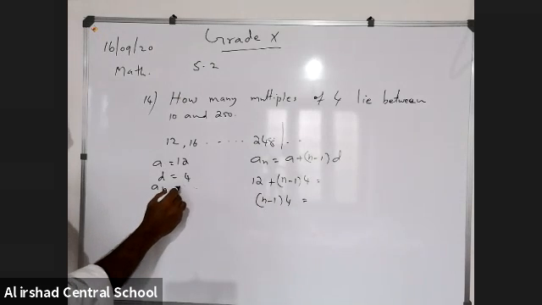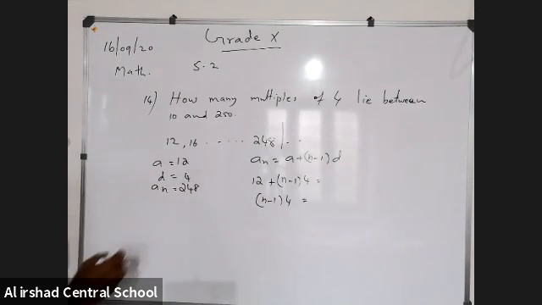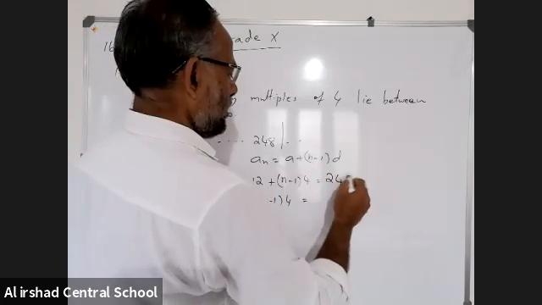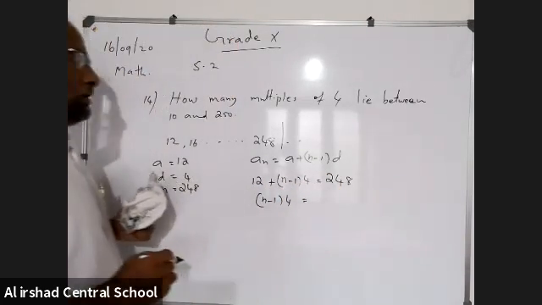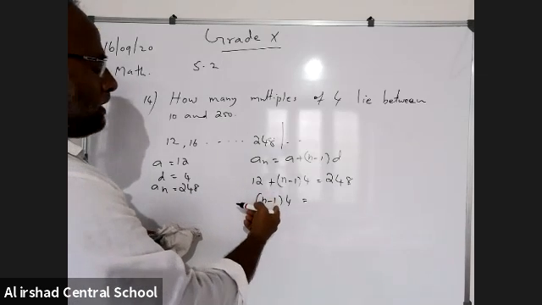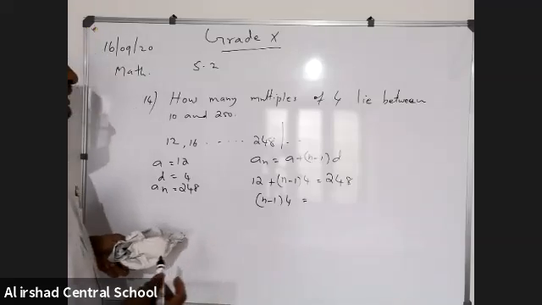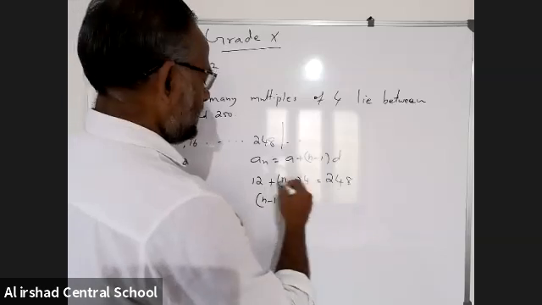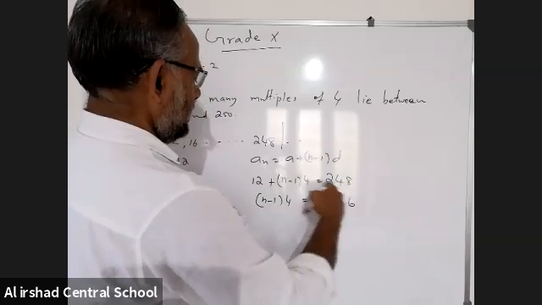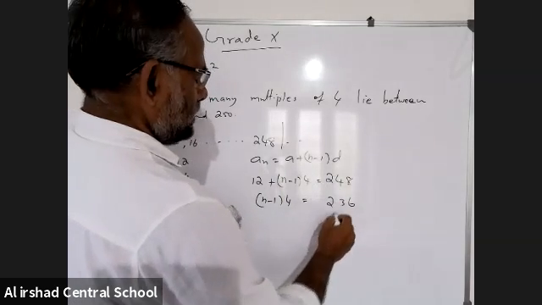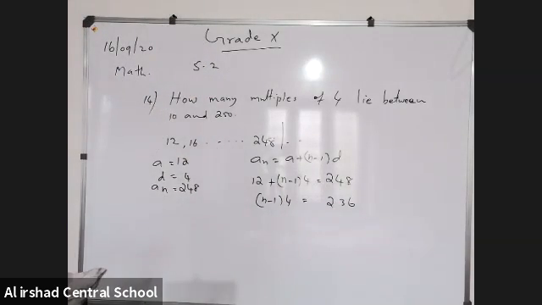N is equal to 248. So here also 248. Now am I correct? So N minus 1 into 4 is equal to 248 minus 12. That means 236.